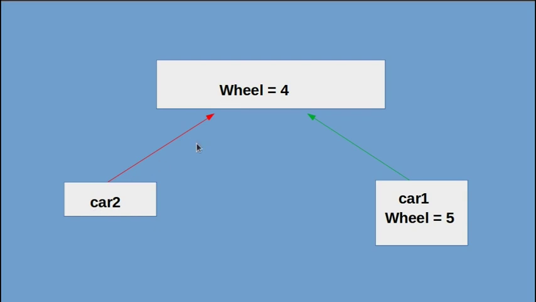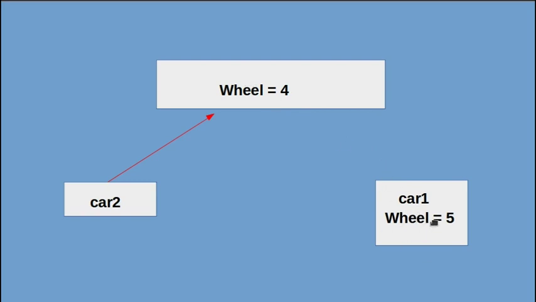If it doesn't, it will probably get an error. In the case of car1, we are printing the wheel, so the car1 object checks within itself: do I have the wheel variable? Yes, it does. So it doesn't need to go to the class to pick it, so it's not getting the class variable, and there's no connection between the class wheel and the object car wheel.